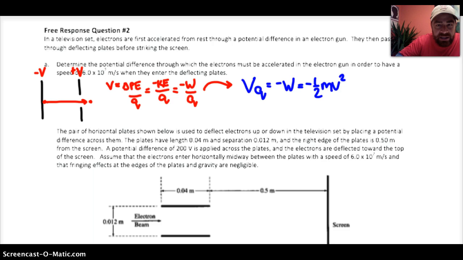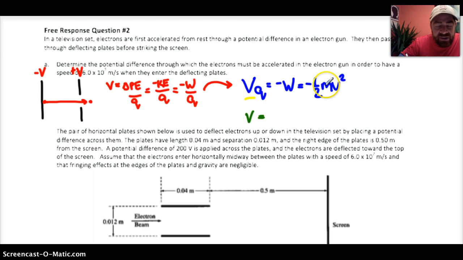I've got everything that I need here. The potential difference is what I'm looking for, so I'm going to divide both sides by q and get negative 1/2 mv squared, all of those things known, divided by q. The charge is negative 1.6 times 10 to the negative 19 coulombs.